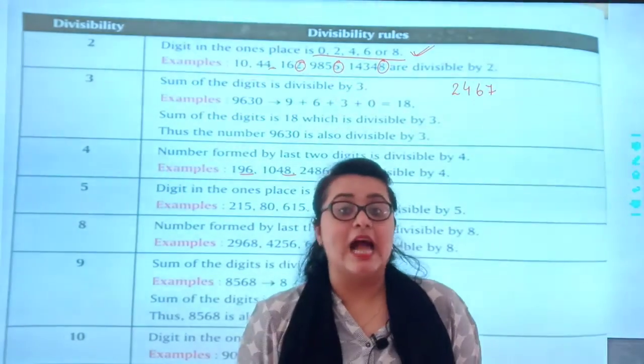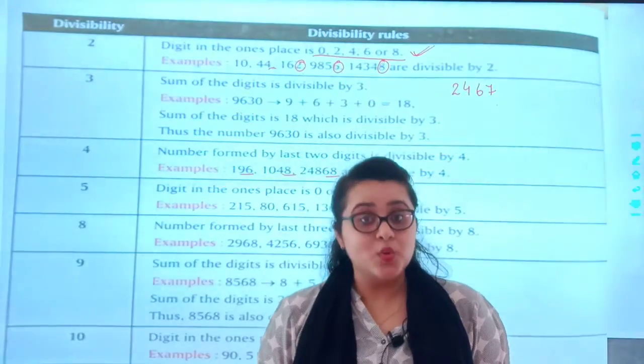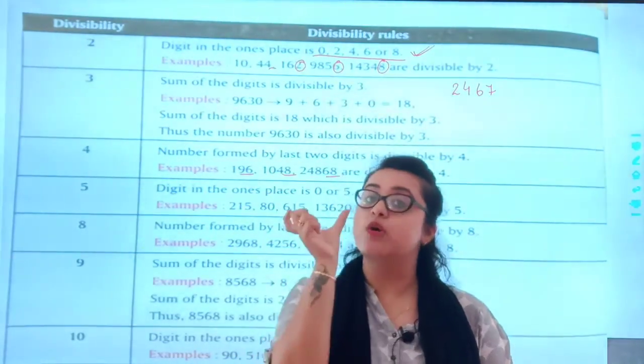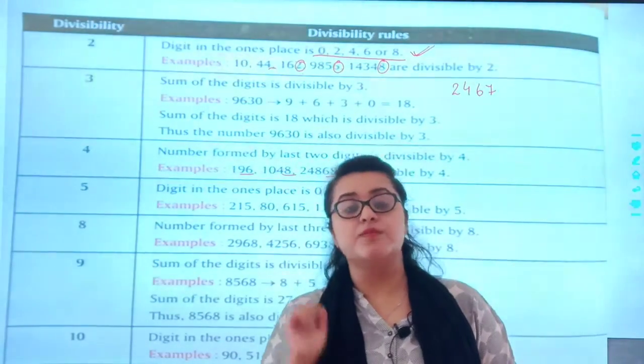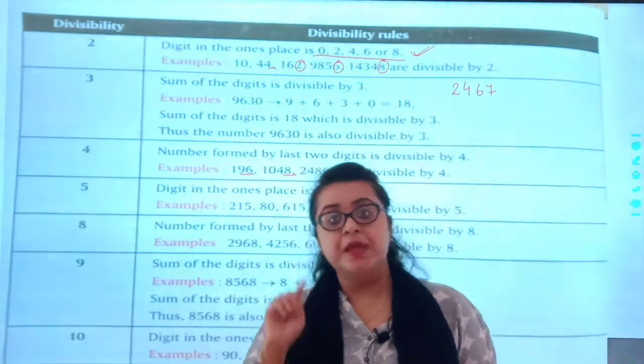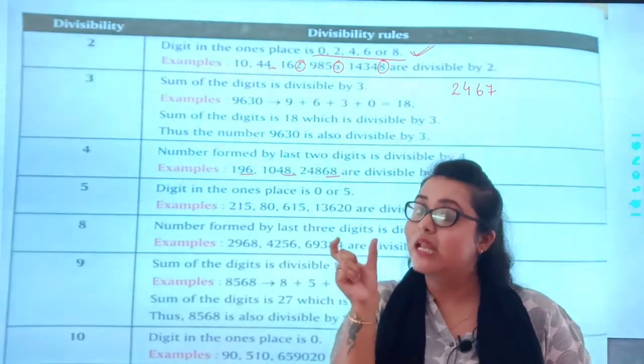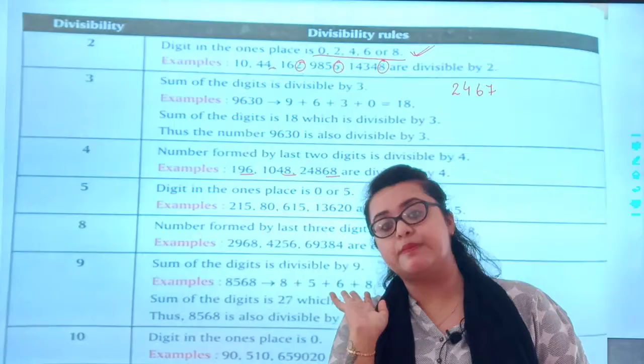When you divide the last two digits and you receive 0 as remainder, then you can say that this whole number is divisible by 4. Understood? When it comes to the divisibility of 4, we will divide the last two digits to check the divisibility.